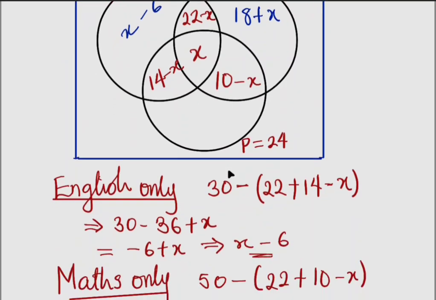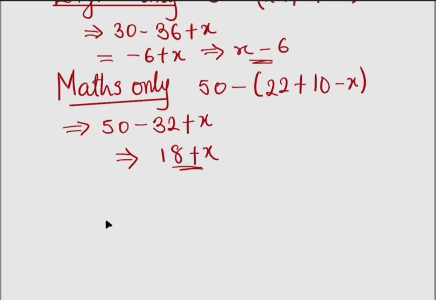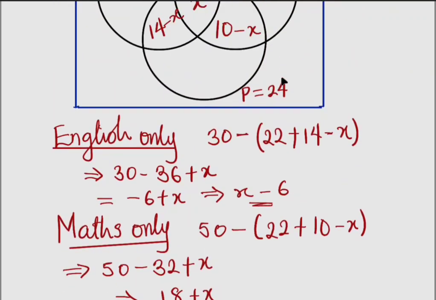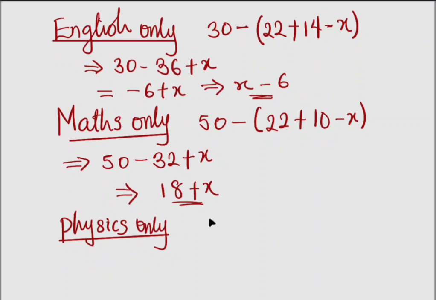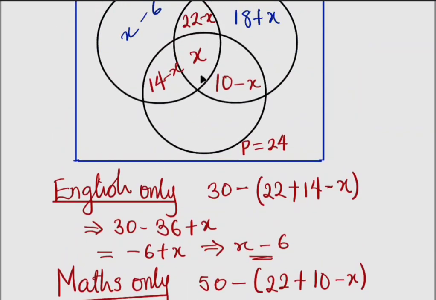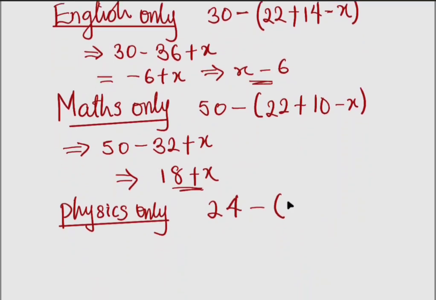Likewise for physics only, we are going to establish that as well as 24. That is this 24, the remaining part will be subtracted from 24. So if we sum this together, 14 minus x plus x is going to give us ordinary 14, then that will be 14 plus 10 minus x.